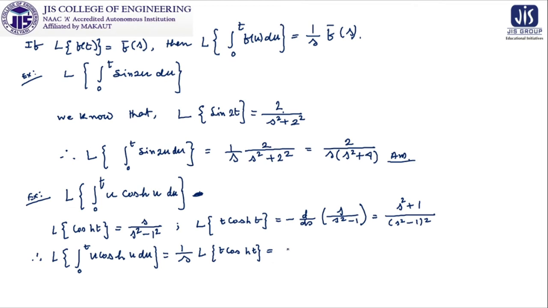Dividing this result by s, we get the final result as s square plus 1 by s into s square minus 1 whole square. So this is our answer.